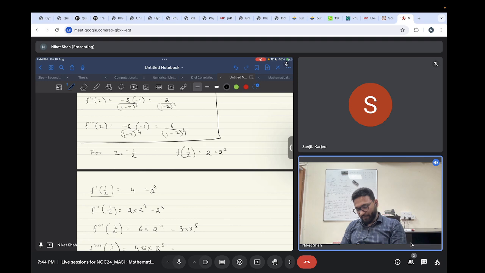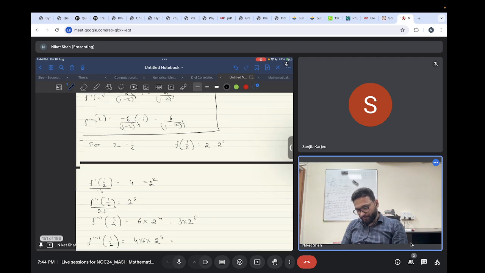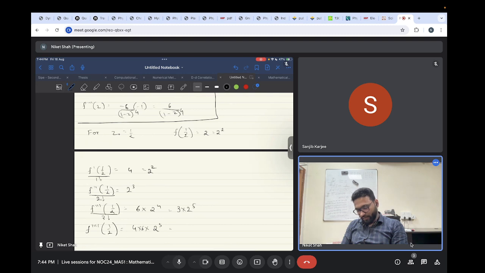F prime divided by 1 factorial, this f double prime divided by 2 factorial will give me simply 2 cube. This divided by 3 factorial will give me just 2 raised to power 4. This divided by 4 factorial will give me simply 2 raised to power 5.